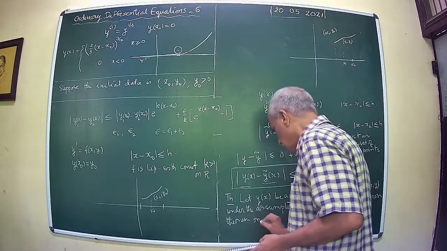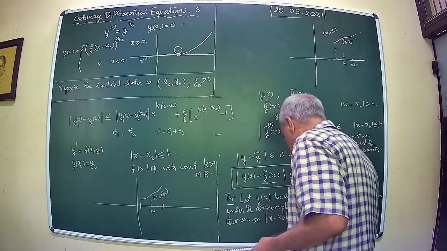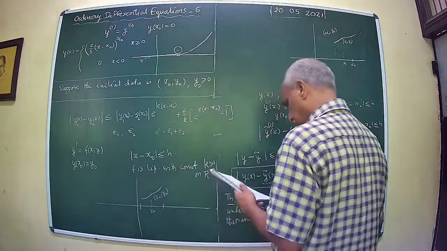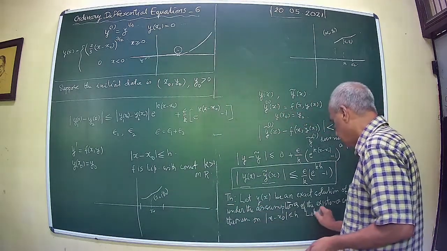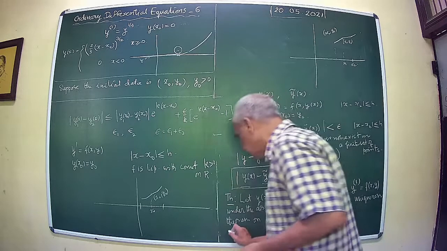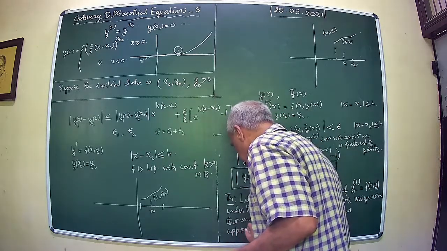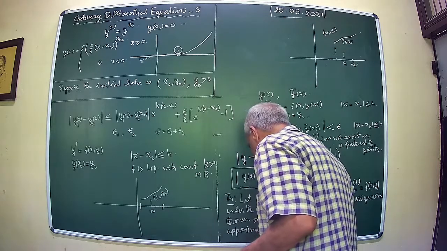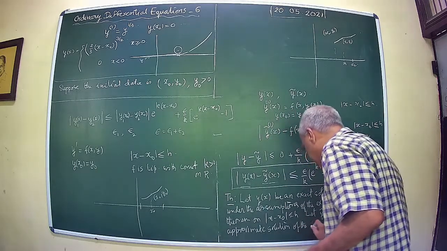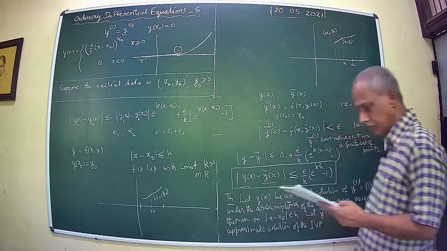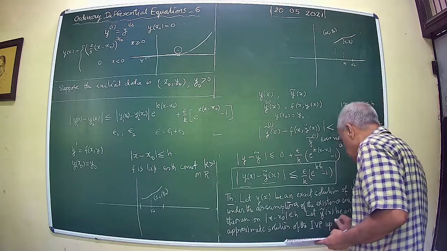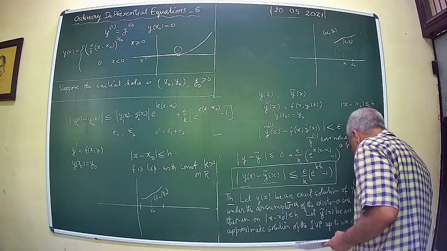Let y tilde be an approximate solution of the same initial value problem, up to an error epsilon.